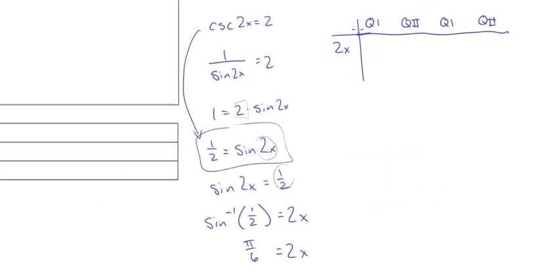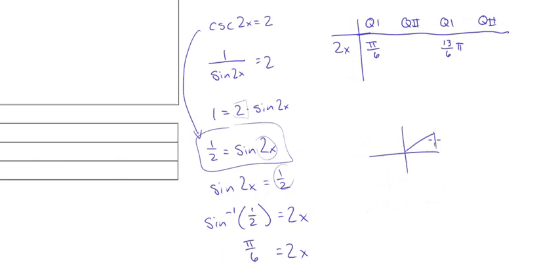All right, so in quadrant 1, pi over 6, add 2 pi to that to get back to our quadrant 1, and that's going to be, let's see, 6, so that's 12/6, so 13/6 pi. In quadrant 2, where would it be?